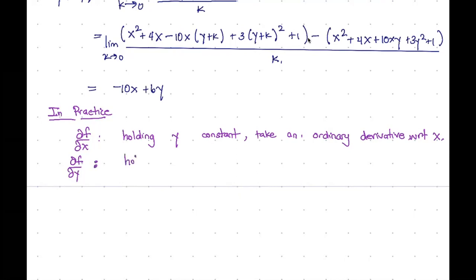And so we're holding x constant, and take an ordinary derivative with respect to y. So all of the x values are going to then be treated like constants. All of the rules of differentiation that you learned are then applicable depending on the situation that we're in.